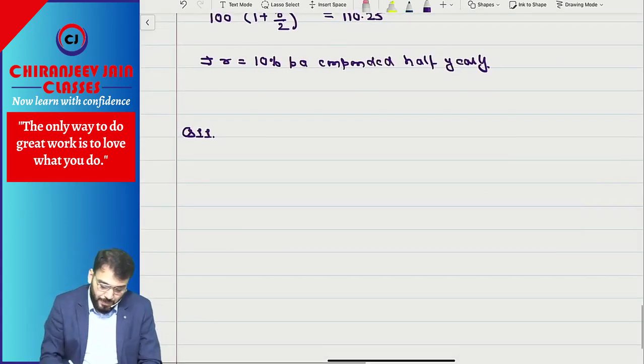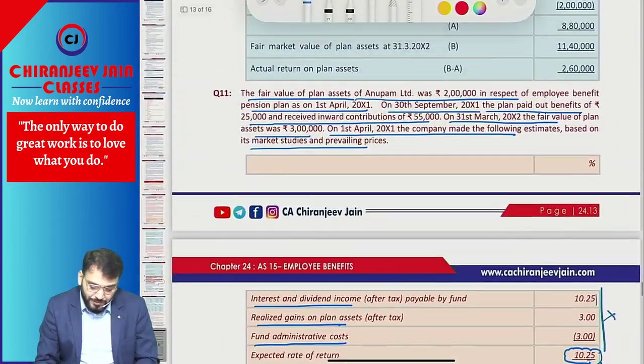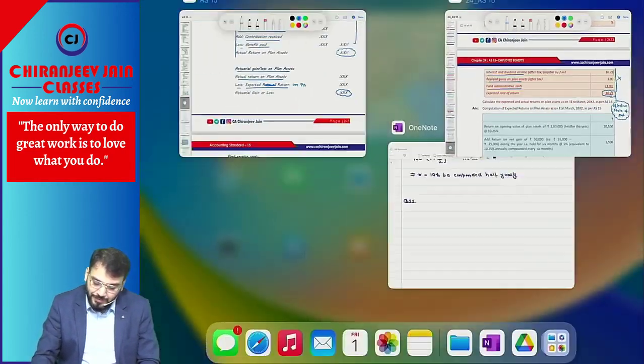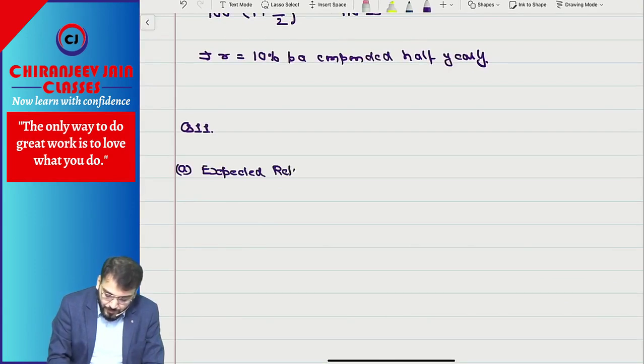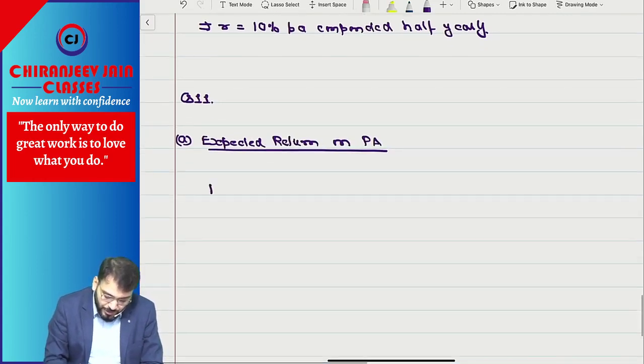Understood. So what have they asked us to calculate? Expected return. Point number A, expected return on plan asset. For the first 6 months, it is how much?